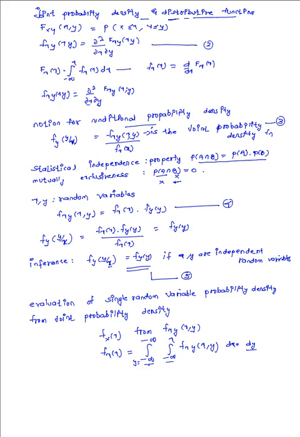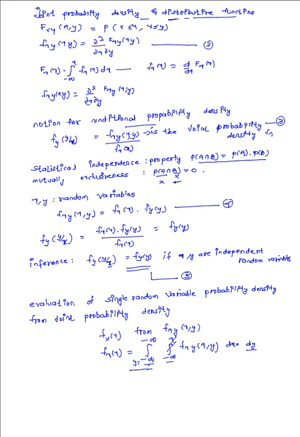Whenever we need to find a probability density with respect to one variable, we integrate the joint probability density function with respect to the other variable from minus infinity to infinity. Once we evaluate this integral, the other integral need not be applied.